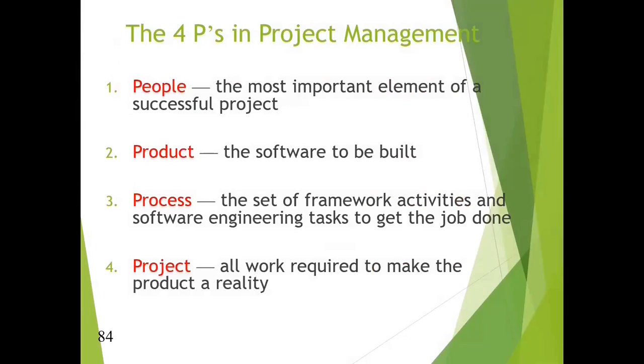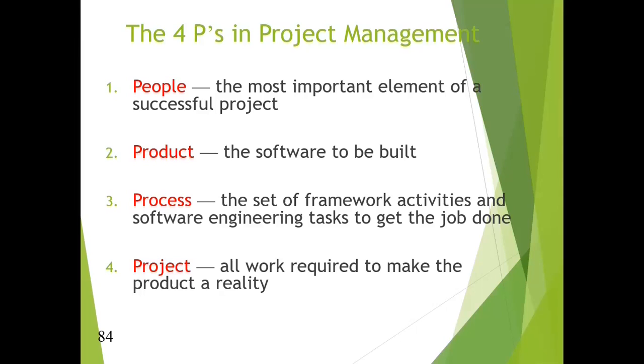And there are 4 P's in project management: people, product, process, and project. People are the most important element of a successful project. The second P is the product, the software to be built.